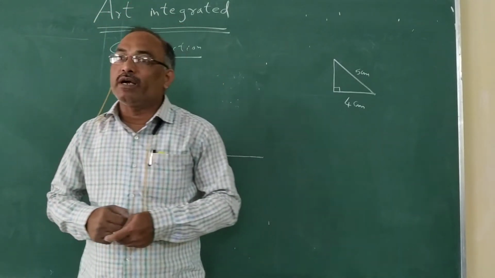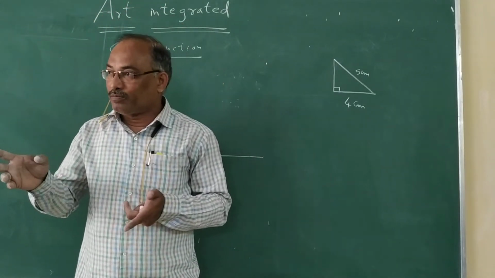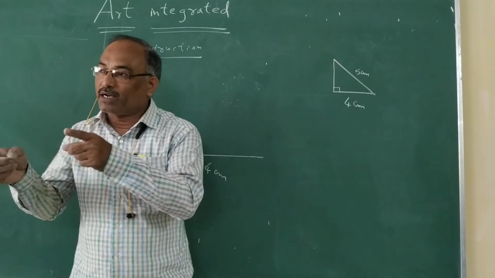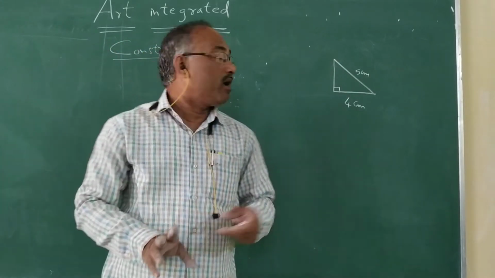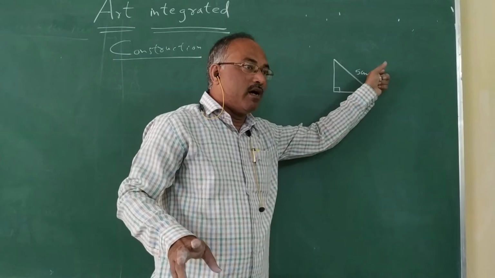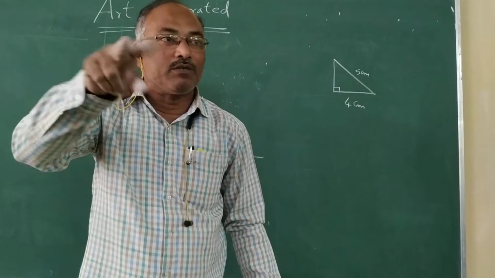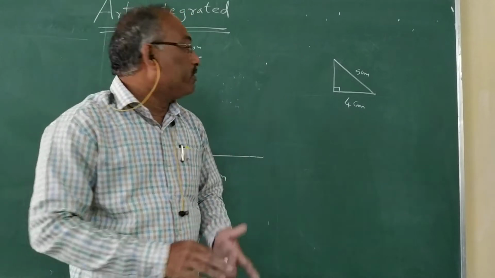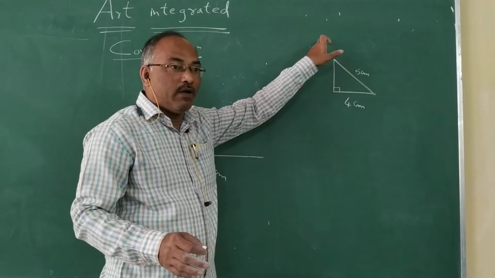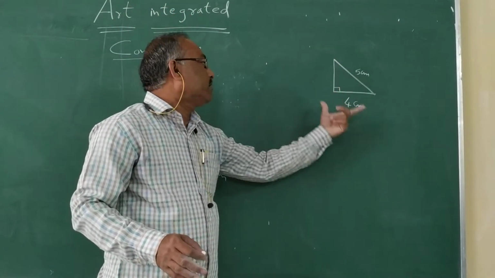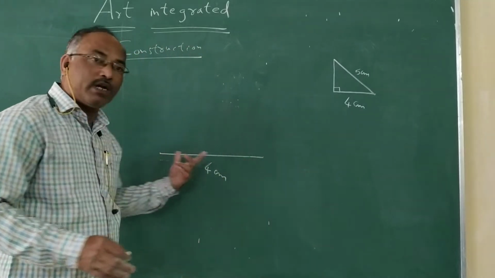By protractor we measure the angle. If you want to draw this side, we take the help of compass and scale, and the compass will draw a 5 centimeter arc. But with the help of that we will not get the third vertex. If I get the third vertex, I can get the triangle. I have only 2 vertices.